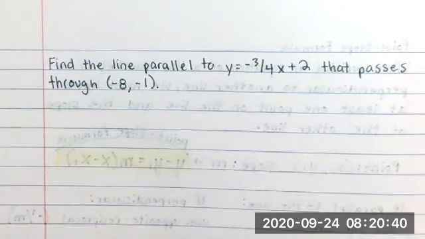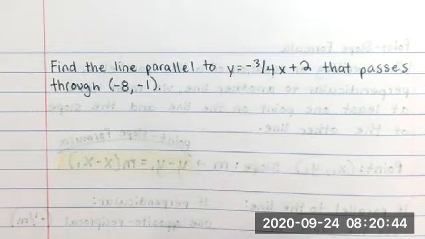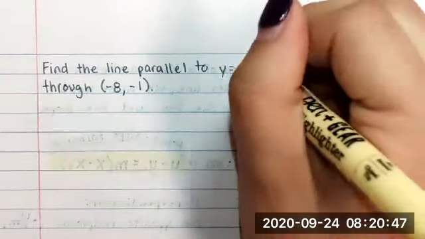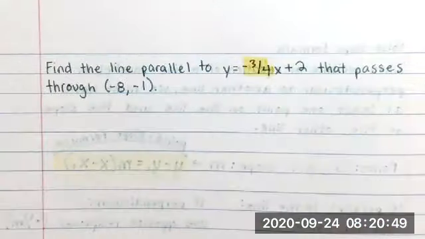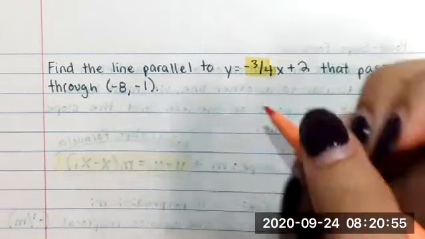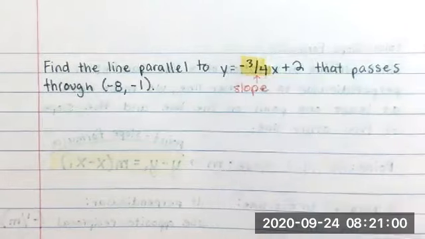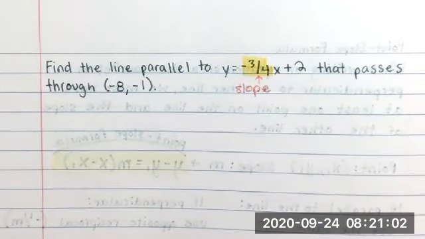So we have a point and an equation, but that equation tells me my slope. Yesterday we talked about identifying the slope in the equation. Well, it's right there. So I know my point and my slope. So I can use point slope formula, just like we did on the front side.